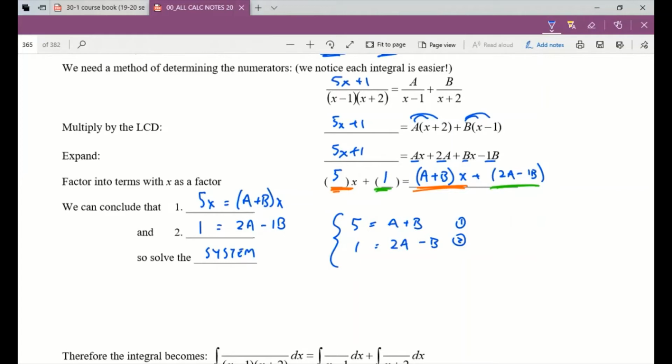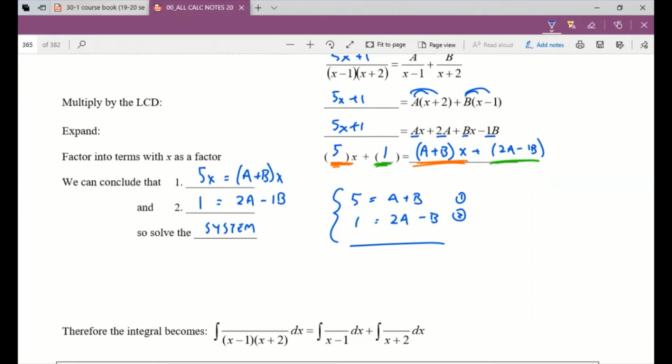This one is set up quite nice for elimination, in that we have positive 1b and negative 1b. We can just add these down, and this ends up being 6 is equal to 3a, and the b's eliminate. And this is just equation 1 plus equation 2.